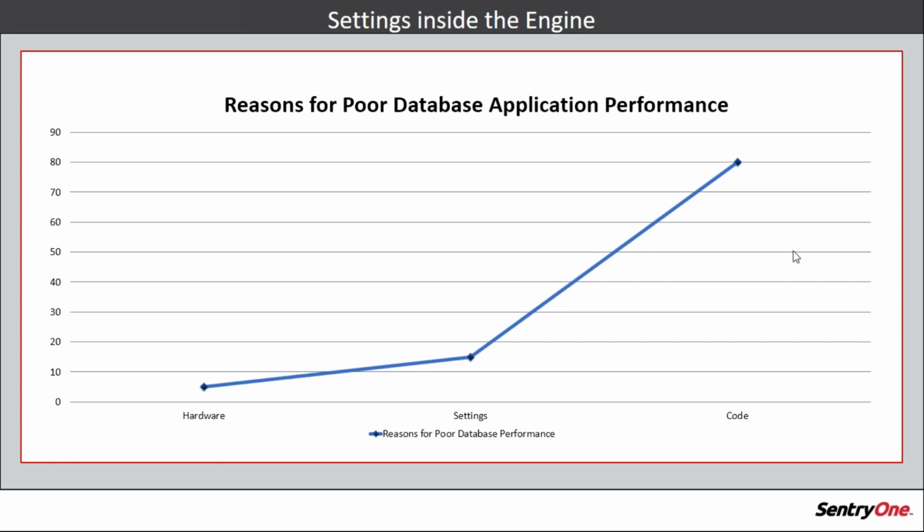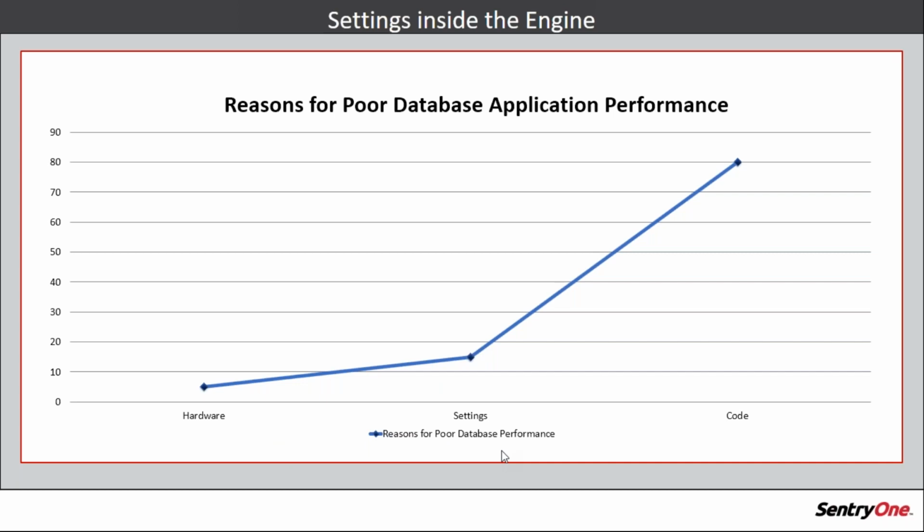Or they'd say, "Maybe we need to reinstall something or reconfigure it." But the research showed that the actual hardware itself is seldom the core problem in performance on database systems. Only about 5% of the time is it actually the hardware that is the smoking gun, if you will.